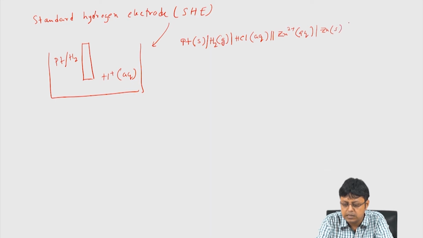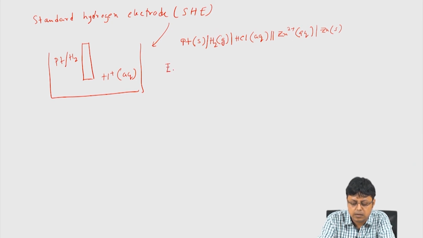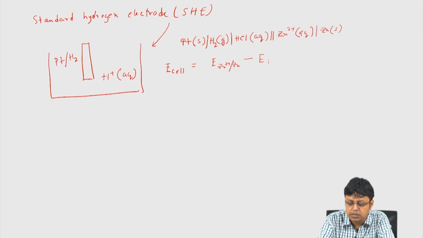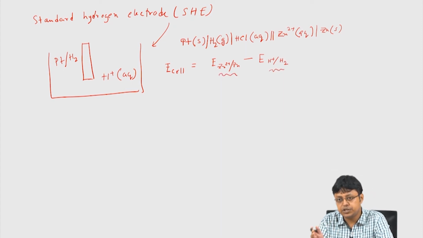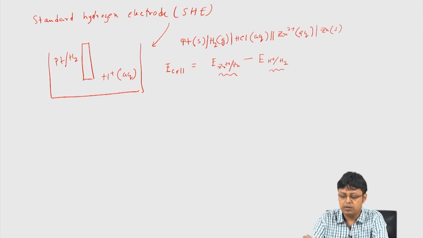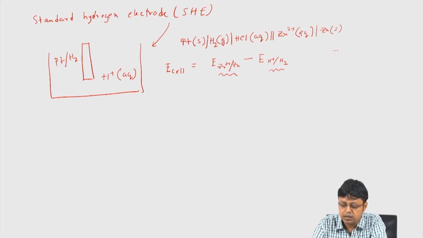Now, if we write the electromotive force for this cell, we can write it as E of this cell, which is zinc 2 plus going into zinc, minus E of the left cell, which is H plus going into H 2. Every time you see, the notation that I am using is only the reduction form. Now, what are the reactions here? You can write it in many different ways.